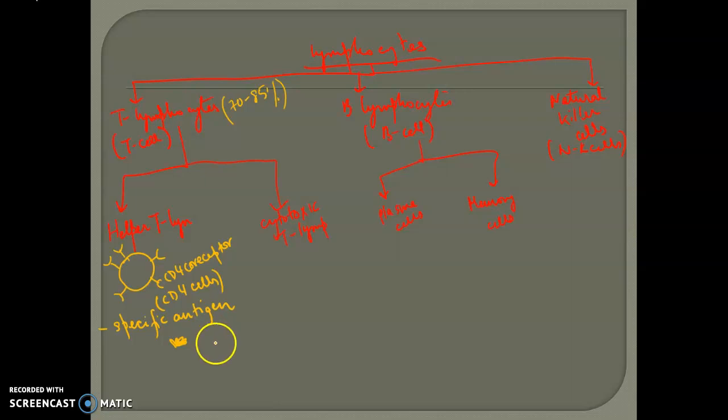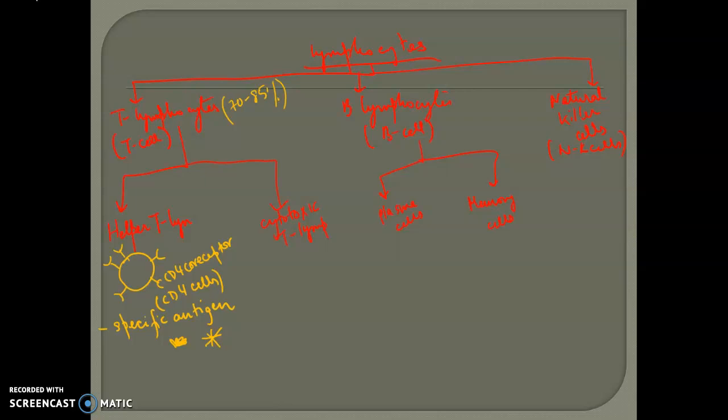And then let's say this is another antigen. And there will be another type of helper T lymphocyte working against the second antigen. So there is some specificity when it comes to the antigen recognition.